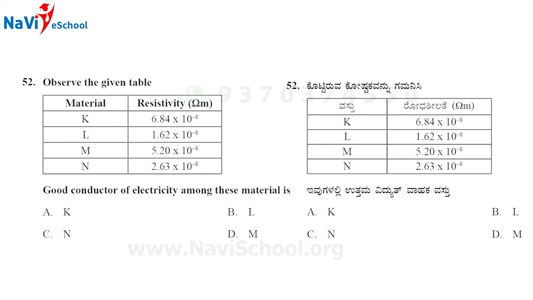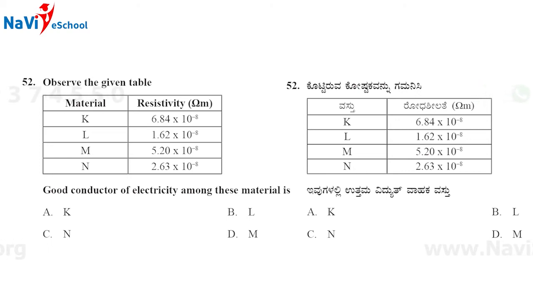Material K is 6.84 into 10 raised to minus 8, material L has resistivity 1.62 into 10 raised to minus 8, material M has resistivity 5.20 into 10 raised to minus 8, and material N has resistivity 2.63 into 10 raised to minus 8.